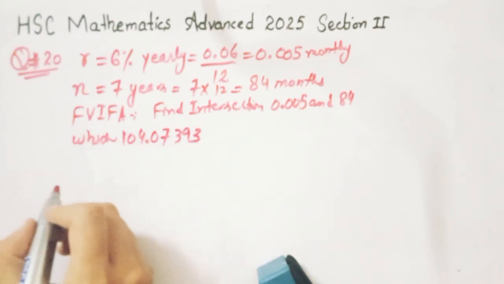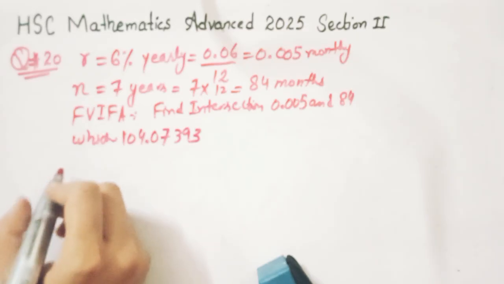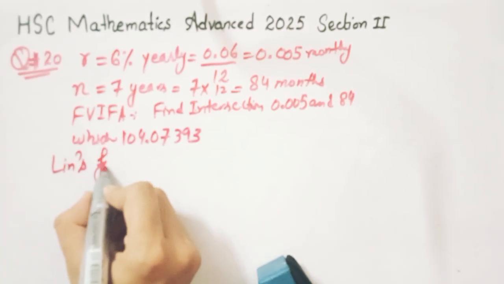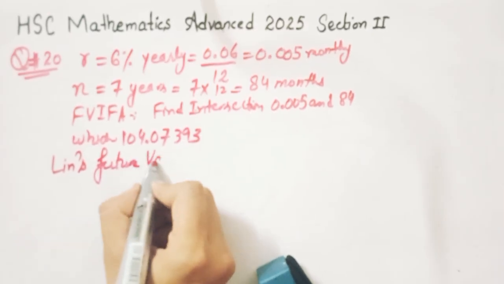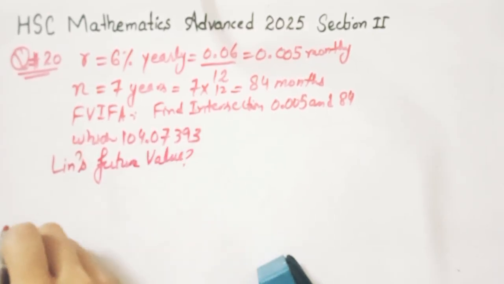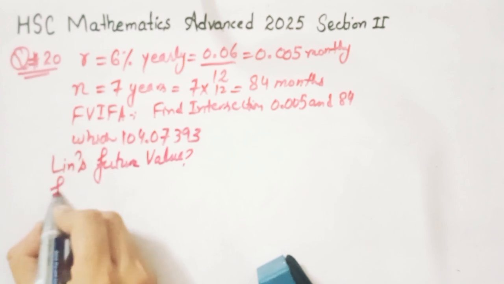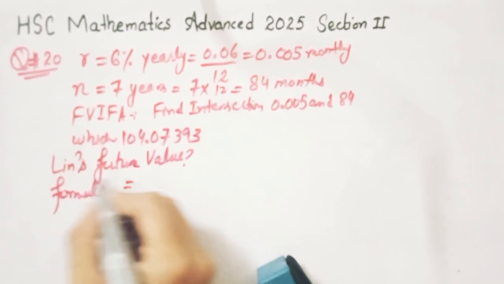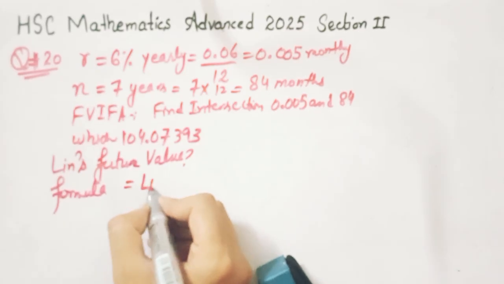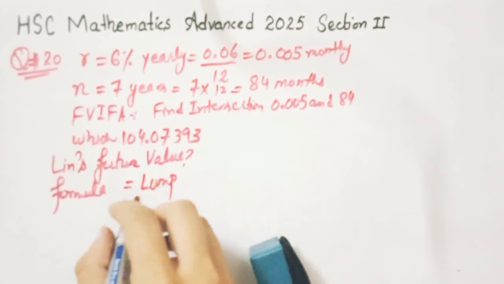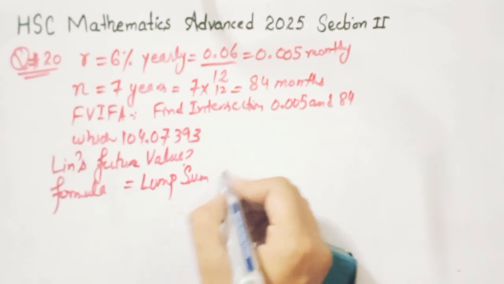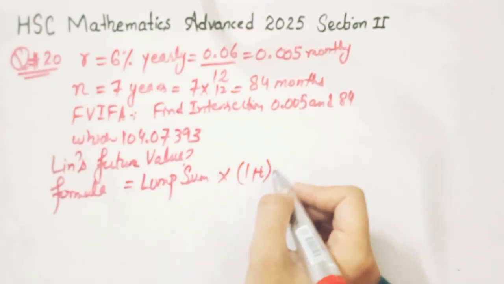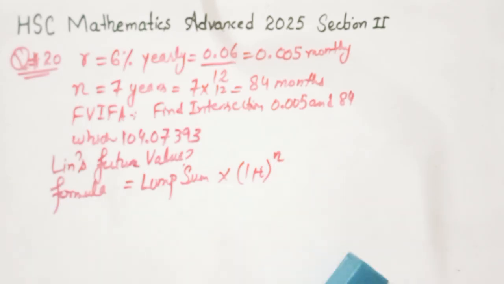So you have to find the future value. Its formula is lump sum times 1 plus i raised to power n.